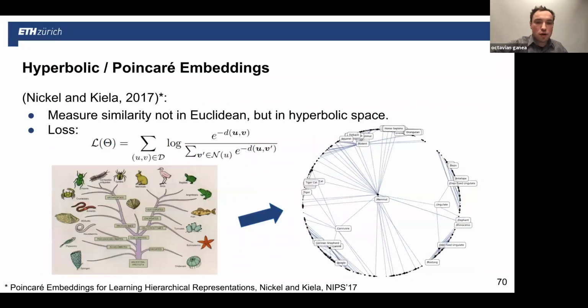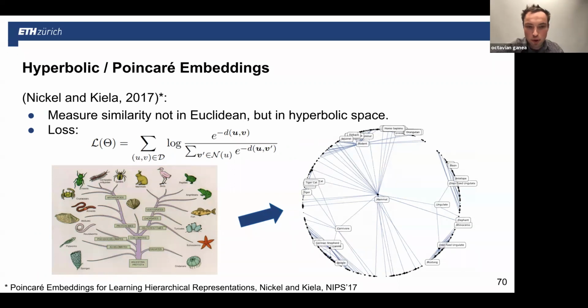Okay, so I was mentioning this hyperbolic and Poincaré embeddings paper before, which is the first one that has tried to do hyperbolic embeddings. So what they want to do is to measure similarity in hyperbolic space.